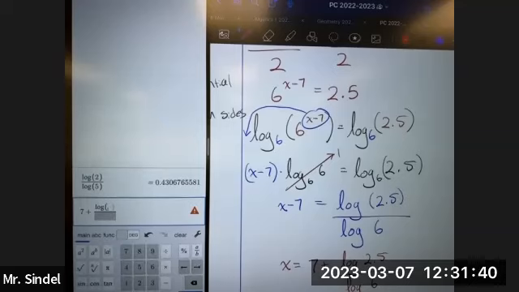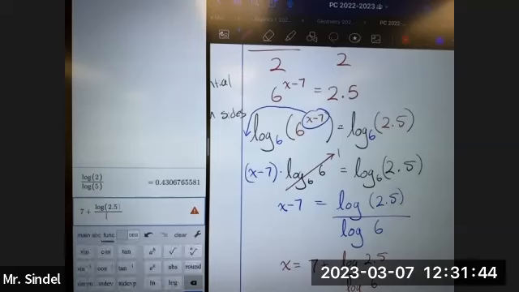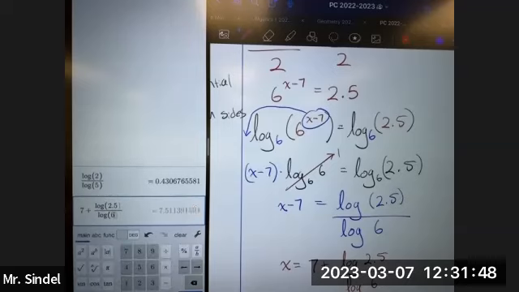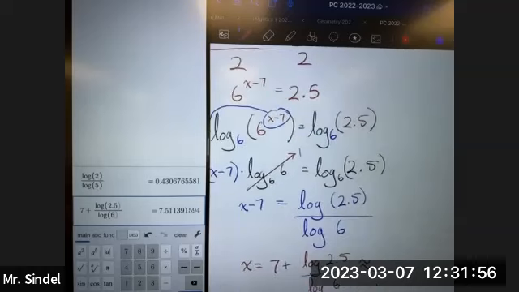Log 2.5 divided by log of 6. You guys get that on your calculators as well? Yes. All right, so we are now approximating, so I'm doing a little wavy equal sign. 7.511391594.